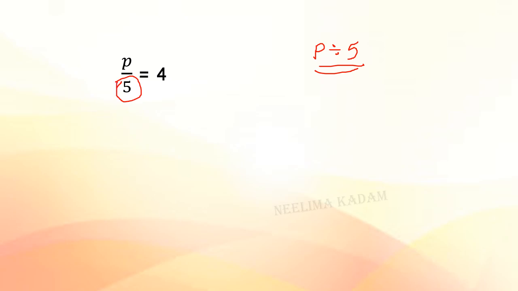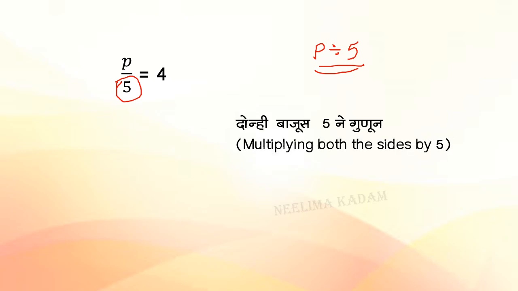But it is division. So the opposite of division, which operation we have to perform? Yes, of course it is multiplication. So what we have to do? Yes, on both sides we have to multiply by 5. So write down: multiplying both the sides by 5.